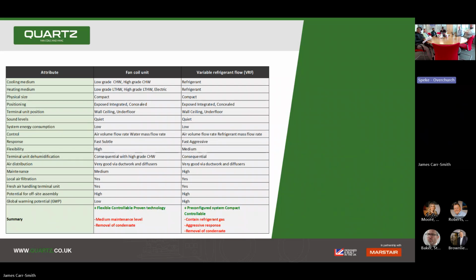Essentially, it's giving you things from size to positioning to sound levels, and showing that the fan coil is by no means a bad technology to be using instead of those VRF type installations, where we as an industry are trying to make headway and take market share from that refrigerant market.